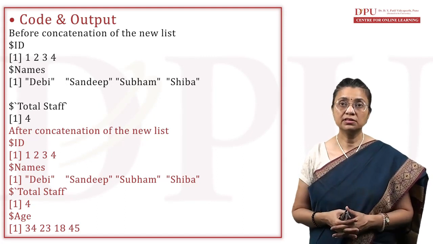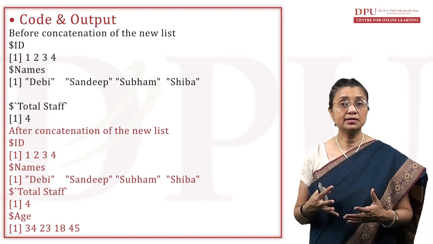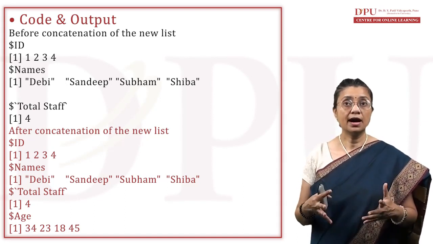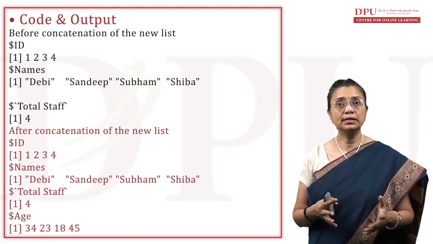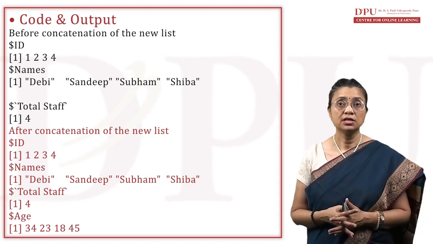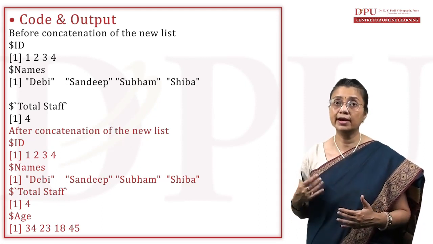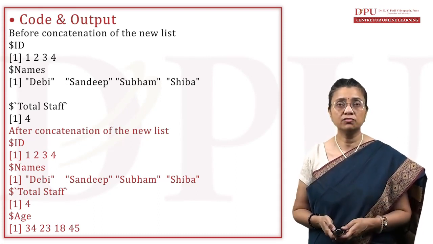So age is having 34, 23, 18 and 45. So that is how we have concatenated the two lists, and the final list is appearing on the screen after the concatenation. So that is how we can concatenate multiple lists and make a long chain. This is a kind of chain we are saying because the elements are added in the end of the original list. We can add 2 lists, 3 lists, or n number of lists.